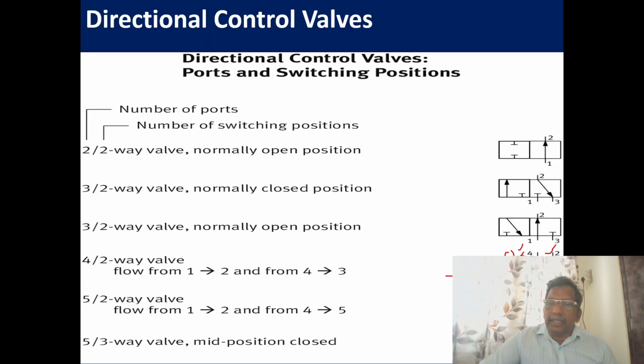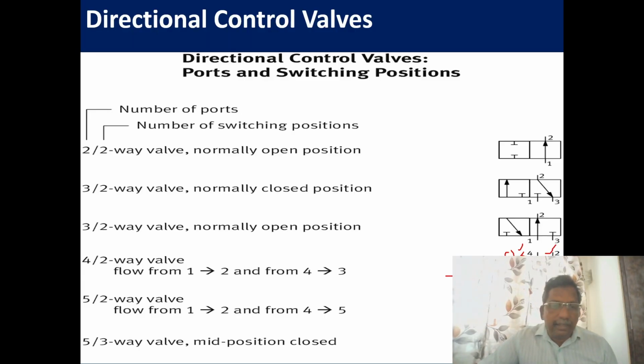This is another position. So once it works like this, another time it works like this. Similarly, 5 by 2 means five ports and two positions. 5 by 3 means we are having a mid position. Here we are having different center positions: tandem center, open center, closed center.